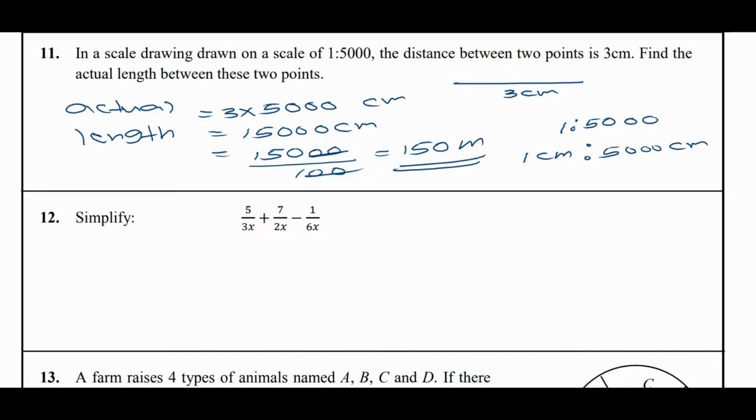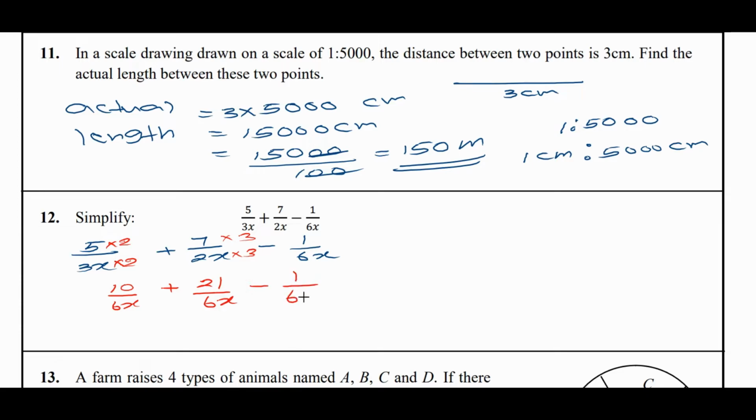Question number 12. Algebraic fractions. We know we have to consider the denominators. Here 3x, here 2x, and here 6x. Therefore, I have to convert this 3x and 2x into 6x. I am multiplying this fraction by 2 and I am multiplying this one by 3. This will give 10 out of 6x plus 21 out of 6x minus 1 out of 6x.